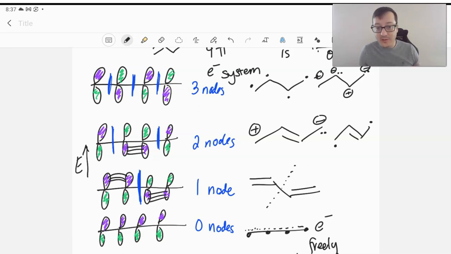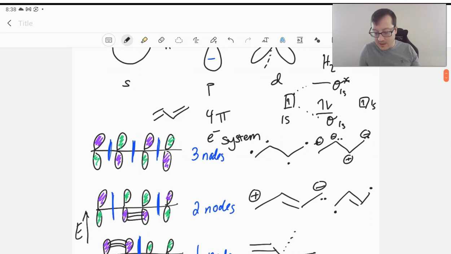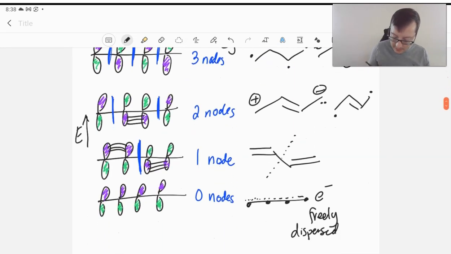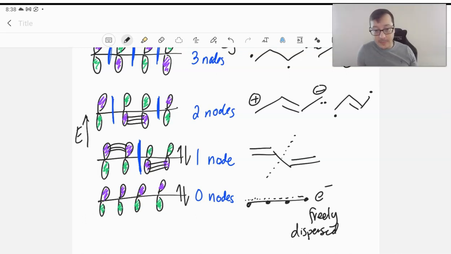And so if we have 4 pi electrons, and we made 4 different molecular orbitals, if we look back at our hydrogen example, we had 2 orbitals combining to make a sigma and a sigma star. We had 2 electrons. Those all were able to fit into our lowest energy orbital. We're going to see with a 4 pi system, I'm going to just draw them here, we're able to put our 4 electrons into the lowest 2 orbitals.